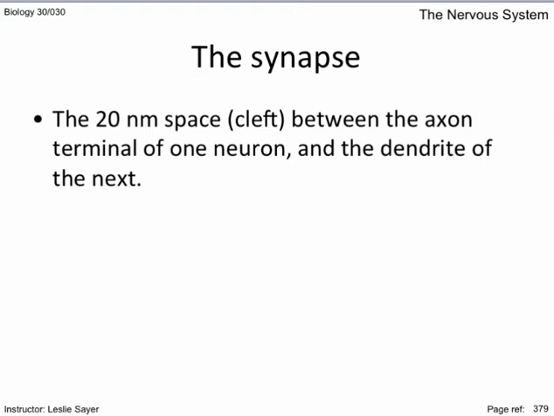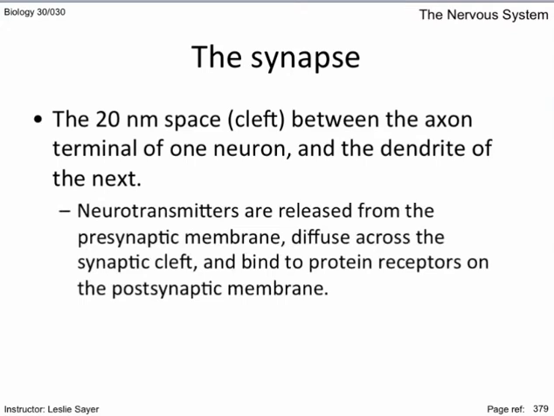next. To continue the impulse from the presynaptic neuron to the postsynaptic neuron, or effector, requires neurotransmitters. Neurotransmitters are released from the presynaptic membrane, diffuse across the synaptic cleft, and bind to protein receptors on the postsynaptic membrane.